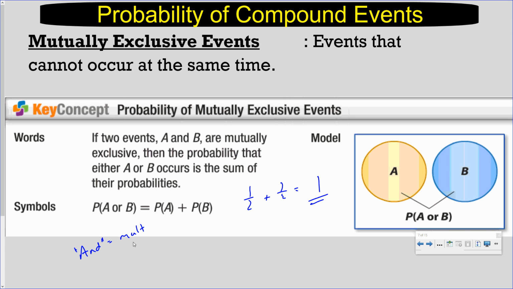So if we're talking a horse race, and you say what are the chances that one horse wins and this next horse gets second and another horse gets third, but you have specific horses in mind, what are the chances you're going to get all three of those right? Not very good, right? But if I say what are the chances this horse gets first, or horse B gets second, or horse C gets third, now it's getting more likely because I'm giving myself more possibilities. So if the word is or, we are adding probabilities. This makes the probability go down, this makes the probability go up.